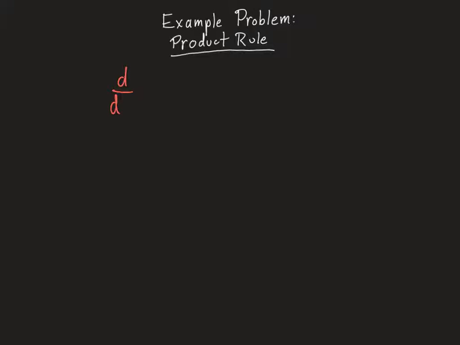The product rule tells us how to deal with derivatives in cases where you have two functions, let's call them f of x and g of x, that are multiplied together.